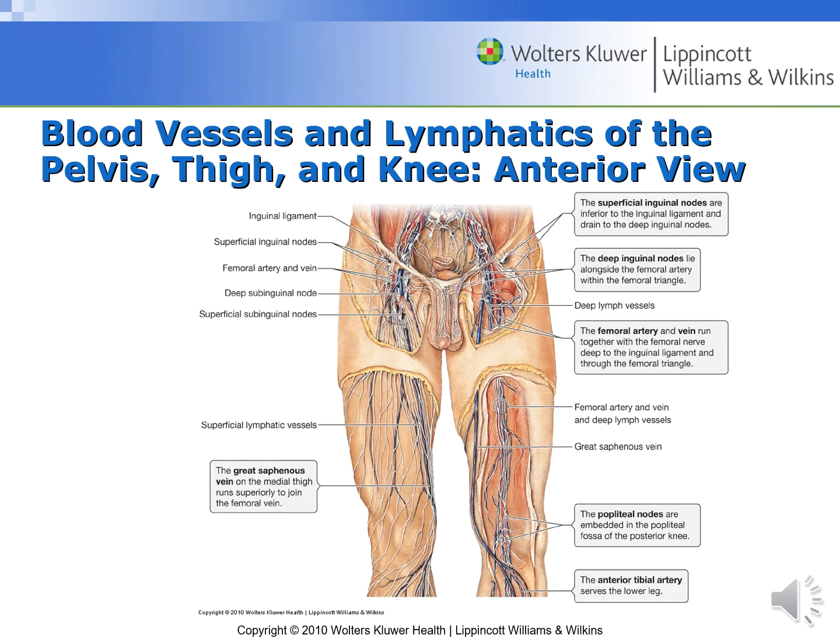The deep inguinal nodes lie alongside the femoral artery within the femoral triangle, the deep lymph vessels, the femoral artery and vein that run together with the femoral nerve deep to the inguinal ligament and through the femoral triangle, the femoral artery and vein and deep lymph vessels, the great saphenous vein. The popliteal nodes are embedded in the popliteal fossa of the posterior knee and the anterior tibial artery, which serves the lower leg.